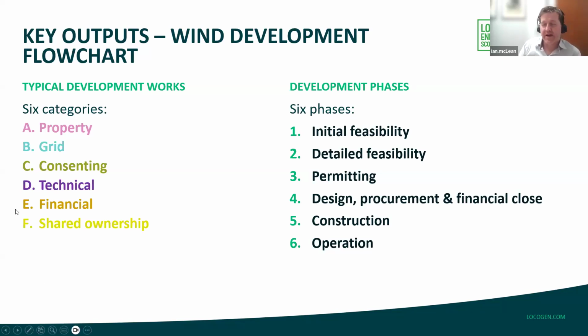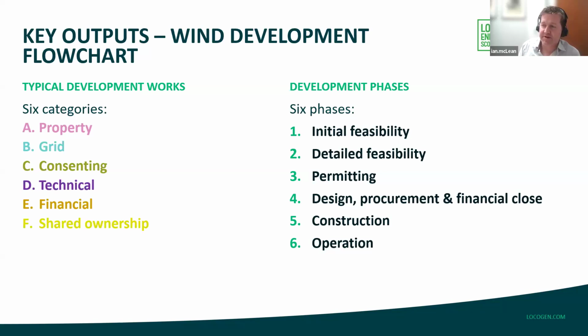Then you've got the grid side of things. So that's approaching network operators, securing the grid connection offers, and then working with them through the process to get to the stage where they are ready to deliver and connect the project.